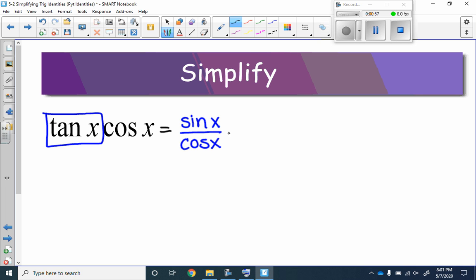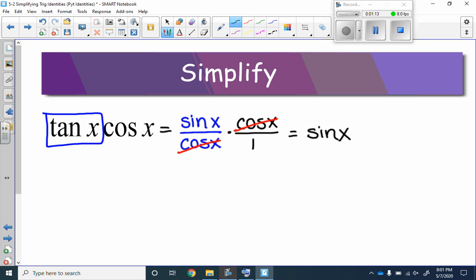Now if I multiply it by cosine x, the cosines cancel out, and I am left with the sine of x.